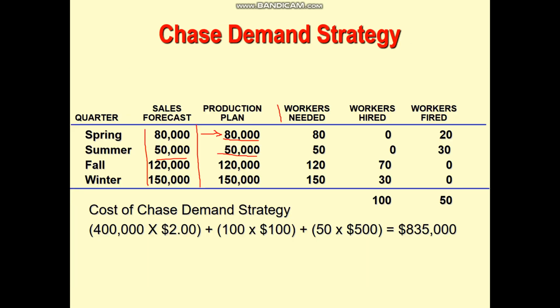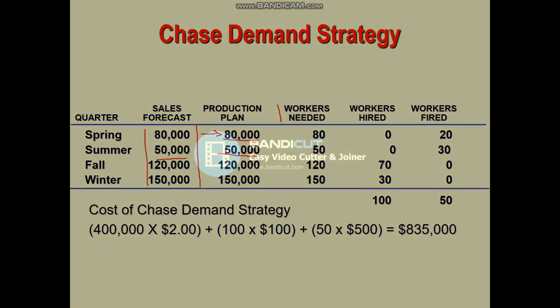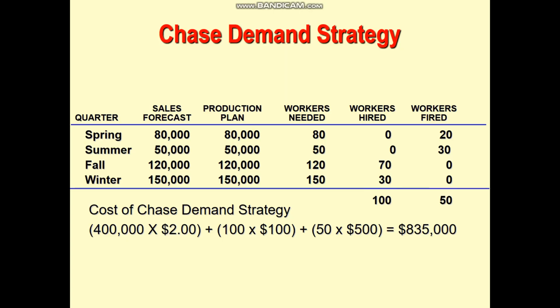Because one worker can produce 1,000 products and we need to produce 80,000 products, we will need 80 workers.